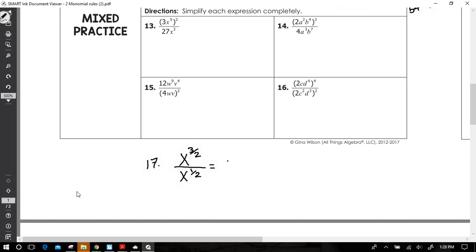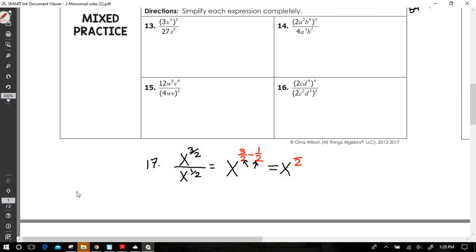So my base here is x, and the rule says that we're going to subtract them because this is division. So I'm going to have 3/2 minus 1/2. Okay, now when I have fractions, as long as the denominators are the same, 2 and 2 are the same, then I am allowed to keep that denominator of 2 and subtract the two numerators.